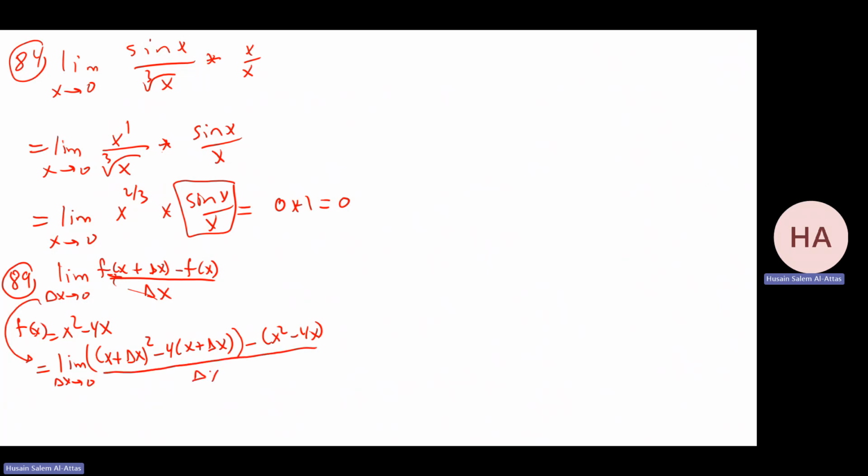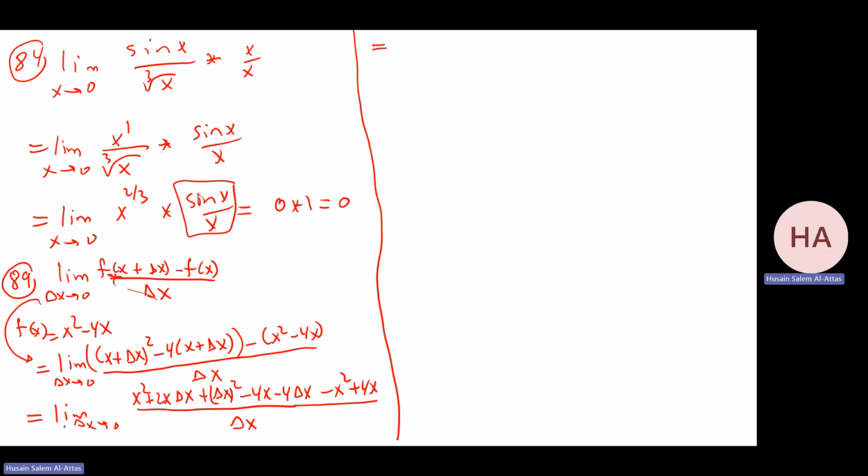When you have a minus sign, it's better to make it with parentheses. Limit delta x goes to 0 of x squared plus 2x delta x plus delta x squared minus 4x minus 4 delta x minus x squared plus 4x over delta x.